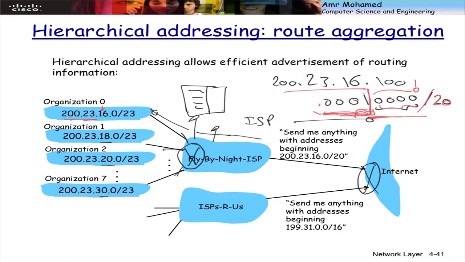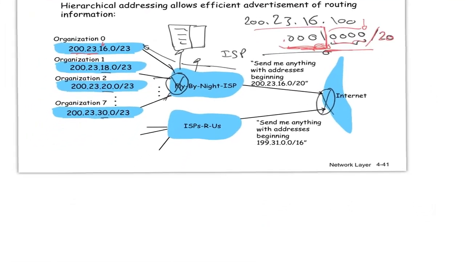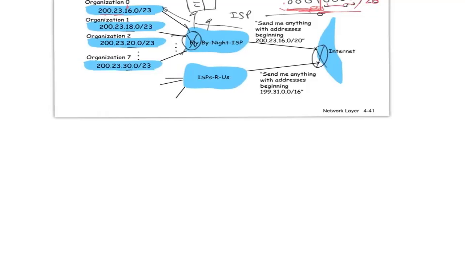It's like we excluded 16, 18, 20, 30. So we're now finding matches with the 223.